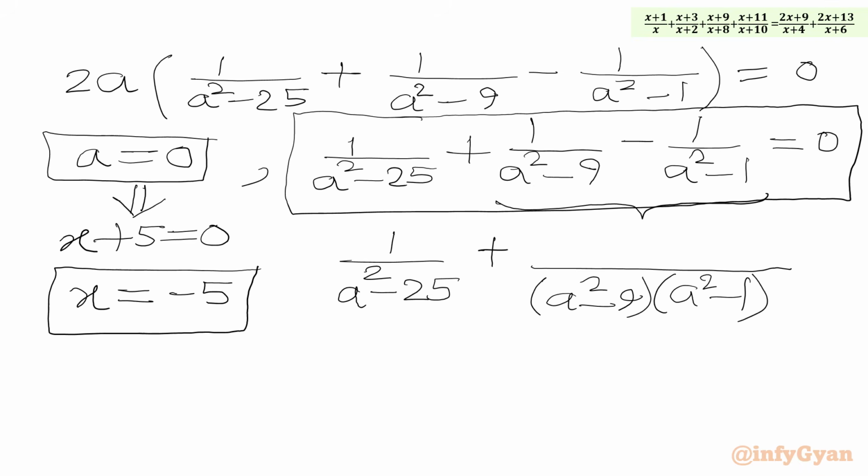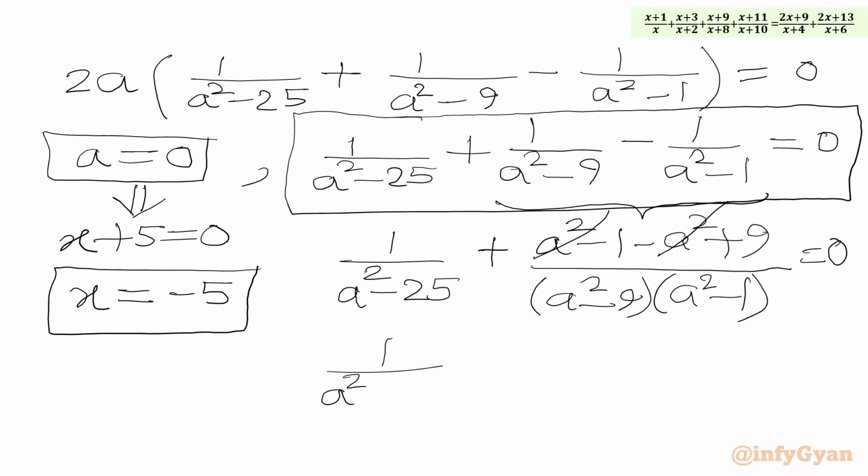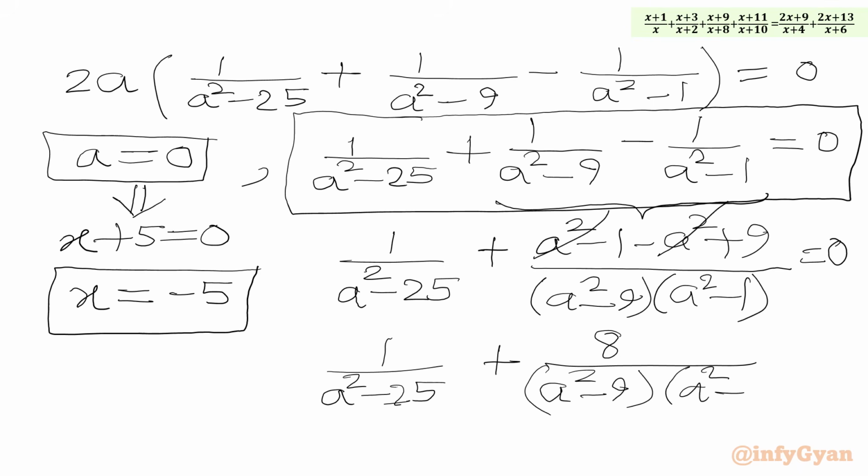In the numerator we will write a square minus 1 minus a square plus 9, which gives 8 over a square minus 9 times a square minus 1. We will write 1 over a square minus 25 plus 8 over a square minus 9 times a square minus 1 equal to 0.